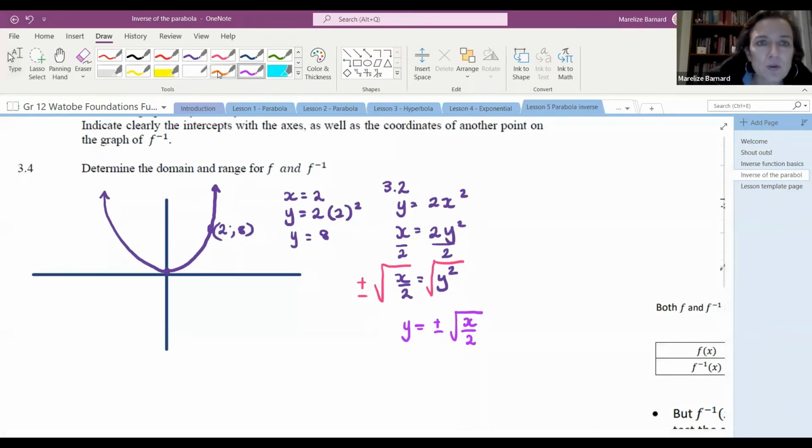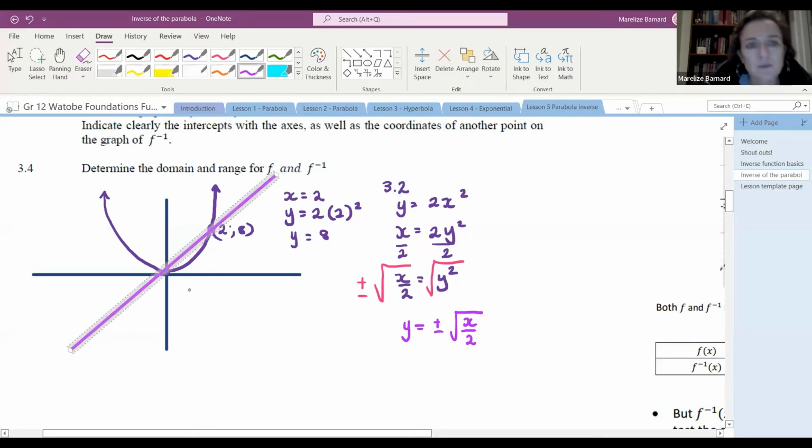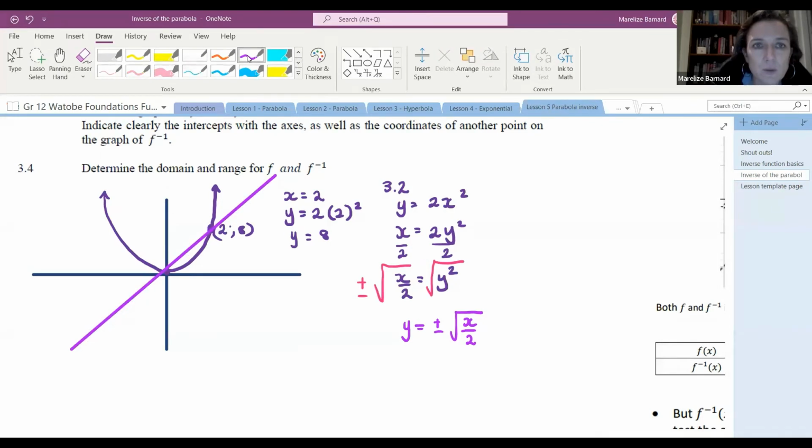But let's draw that line y equals x first. And that line is just going to go like this. And then you can draw your parabola as well.